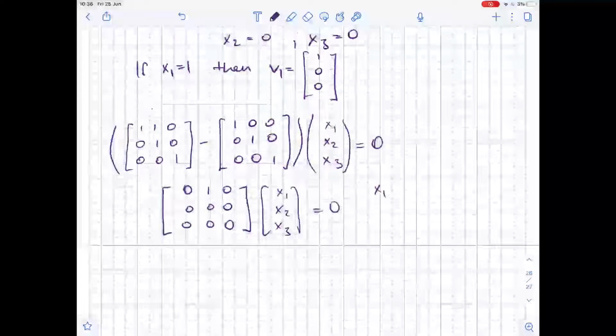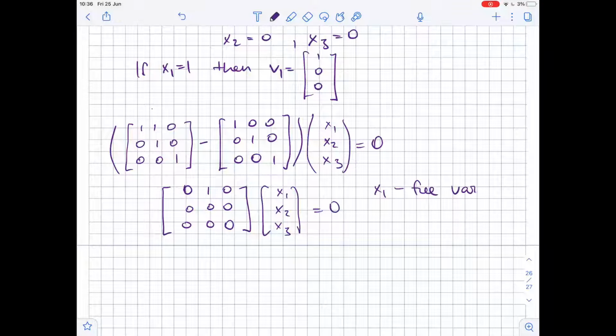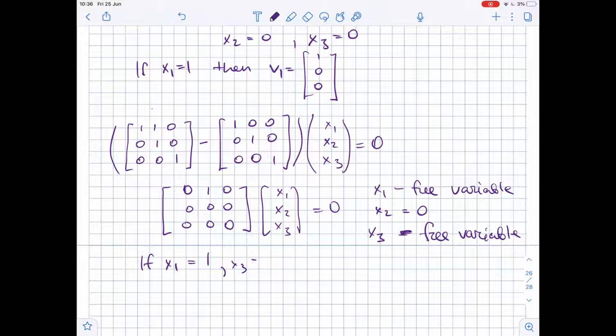So here x1 is a free variable, x2 equals 0, and x3 is also a free variable. So if x1 equals 1 and x3 equals 0, then v1 equals 1, 0, 0.